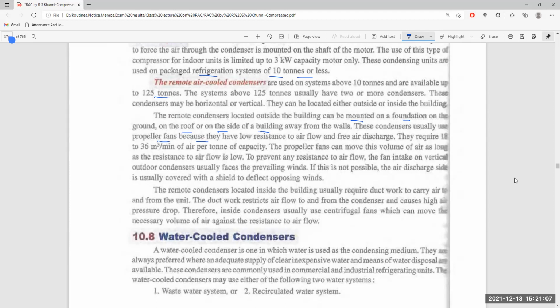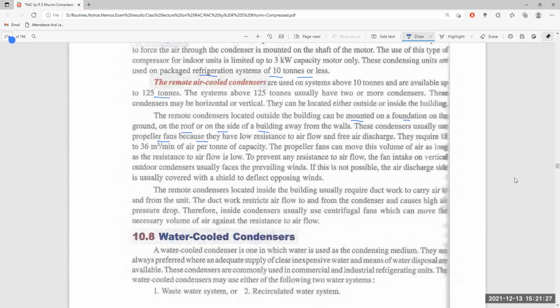Ductwork restricts airflow to and from the condensing unit and causes a high air pressure drop. Therefore, these condensers usually use centrifugal fans, which can move the necessary amount of air against the resistance to airflow.